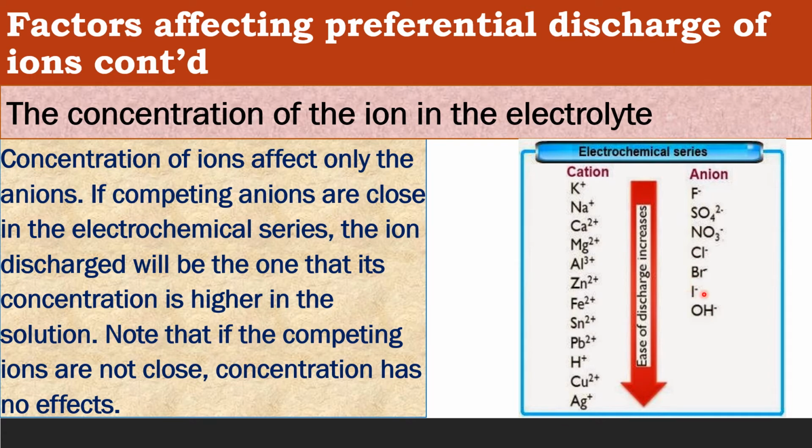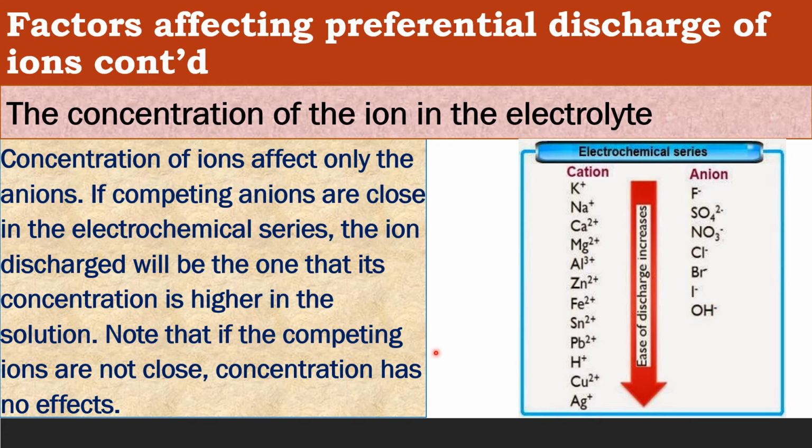If the compound that produces I- is more concentrated than H2O that produces OH-, therefore I- will be the one that will be discharged, because the compound that produces I- is more concentrated than H2O that produces OH-.